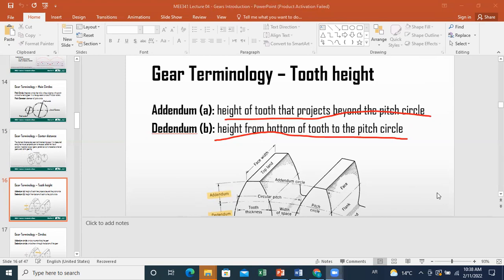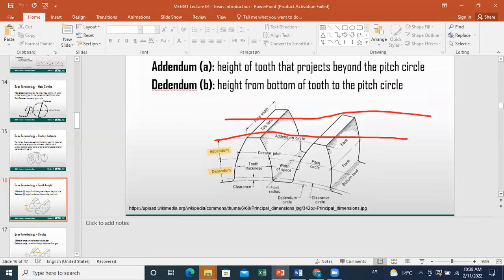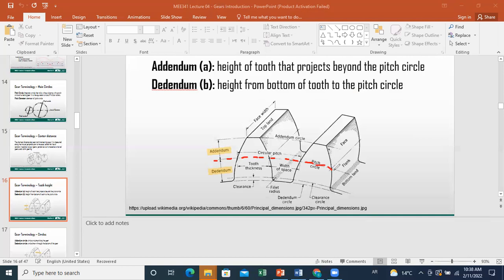So if we go back to our figure, we said that we can define the pitch circle. Once you determine the level of your pitch circle, which, as we said, is determined by the contact point between the involutes lying on the line of centers, this allows us to determine the pitch circle diameter, and then we can draw it. You will see that your pitch circle lies between the top and bottom of your involute or tooth. Then you can define two distances.